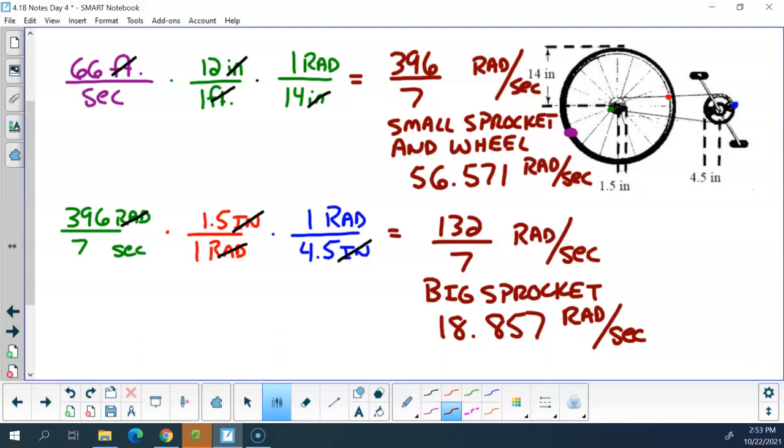It's still over 7 seconds. Oh, okay. 132 over 7. And then 3 goes into 396, 132 times.